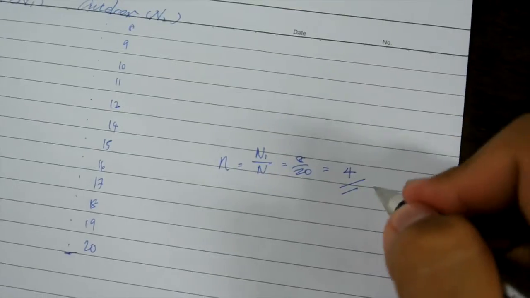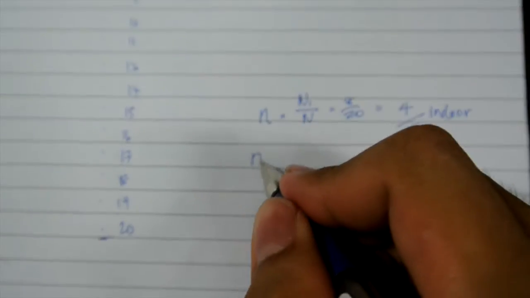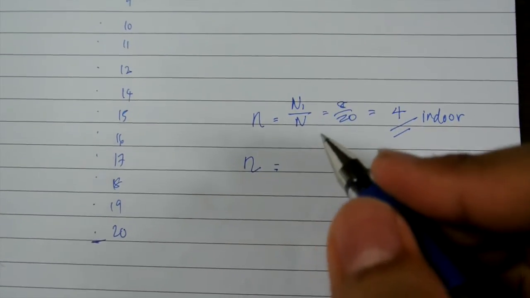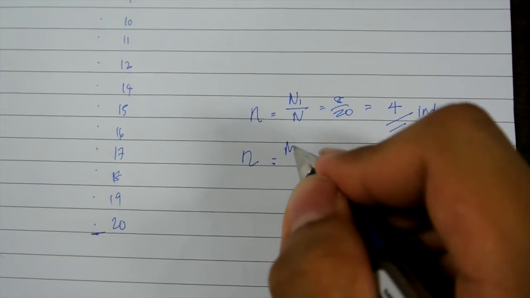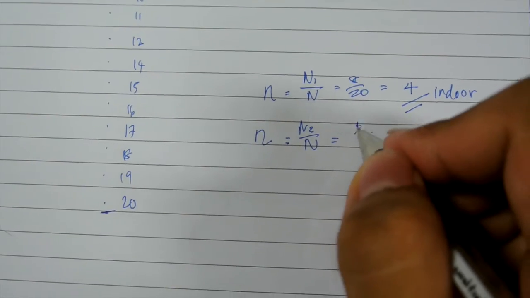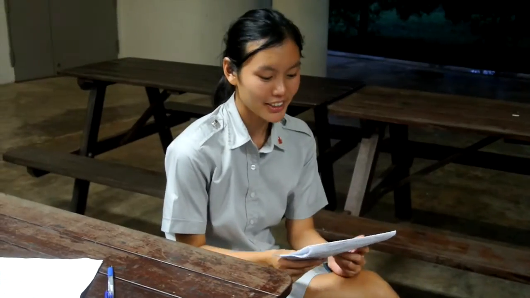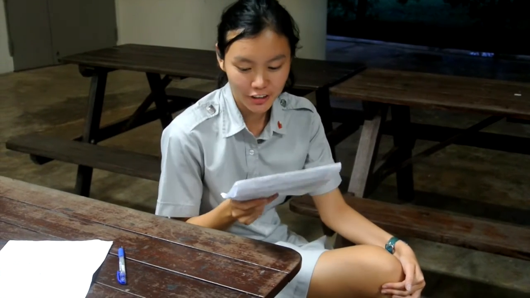So this would be 4 indoor activities and maybe 6 outdoor activities. As you can see, Kang Ying found it difficult to classify some of the activities as they were partially indoors and outdoors. Moreover, the stratified sampling method required him to put in a lot of effort into research.